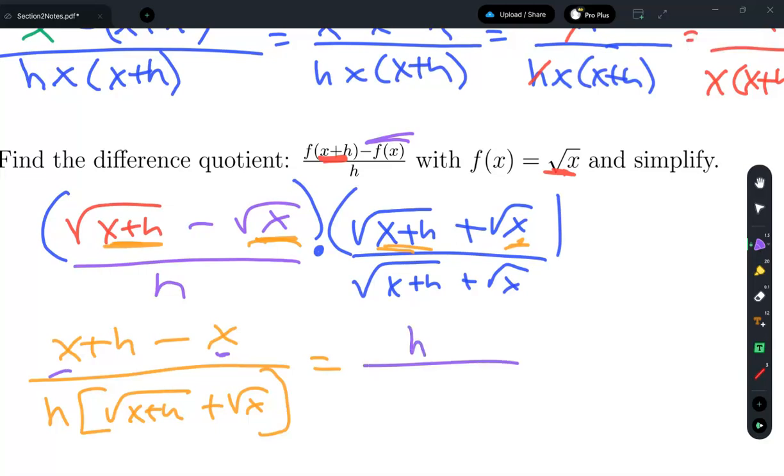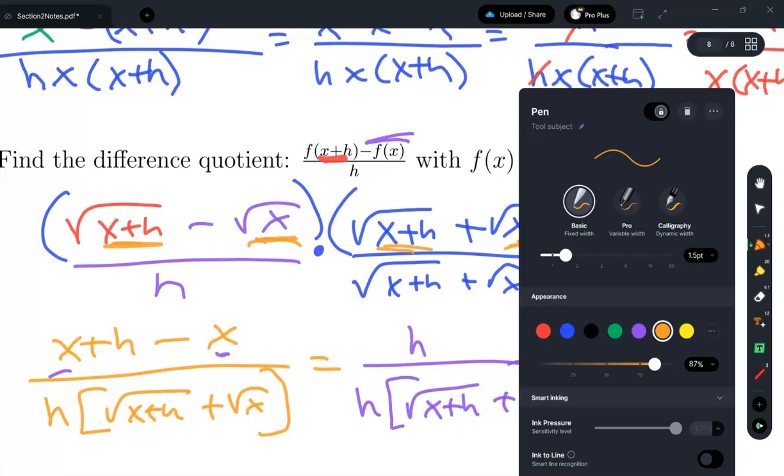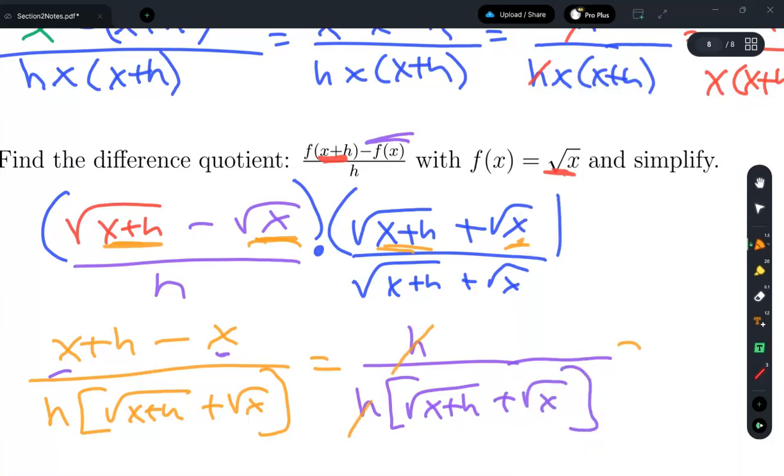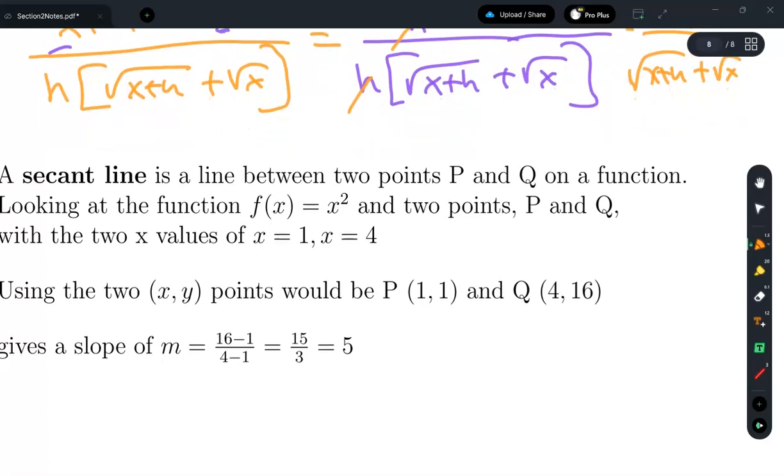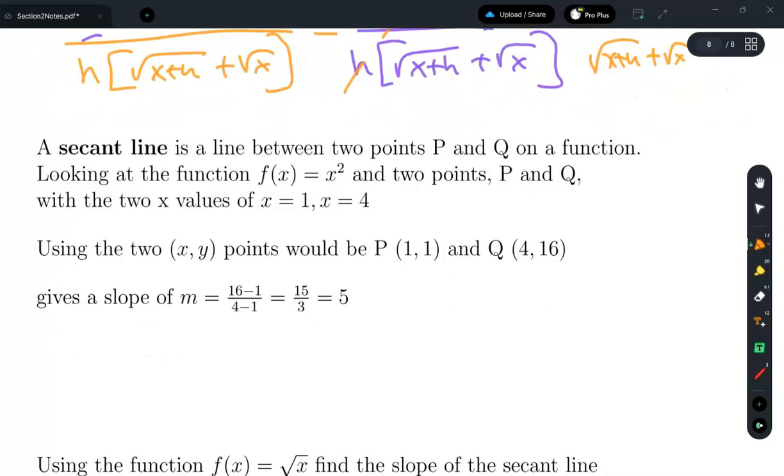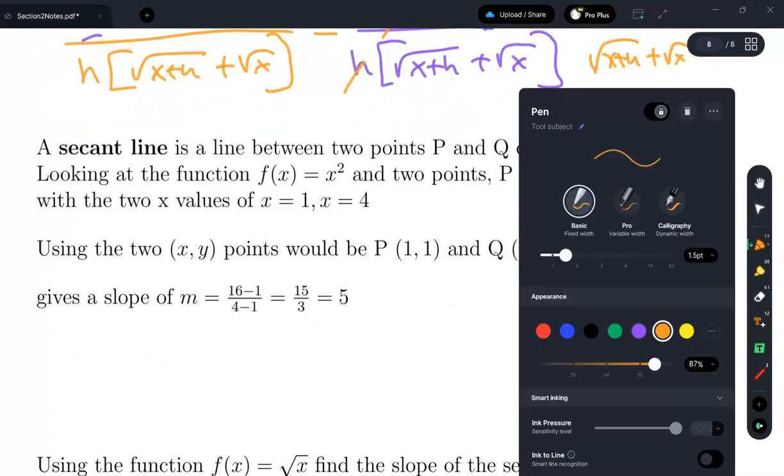So I get an h over. Oh, will you look at that? Because I didn't distribute the h through, I can see easily how it cancels. And so when you cancel, you get a 1 in the numerator, over root x plus h plus root x. All right, so this is here. You don't have to write anything. I'm just doing it all for you.